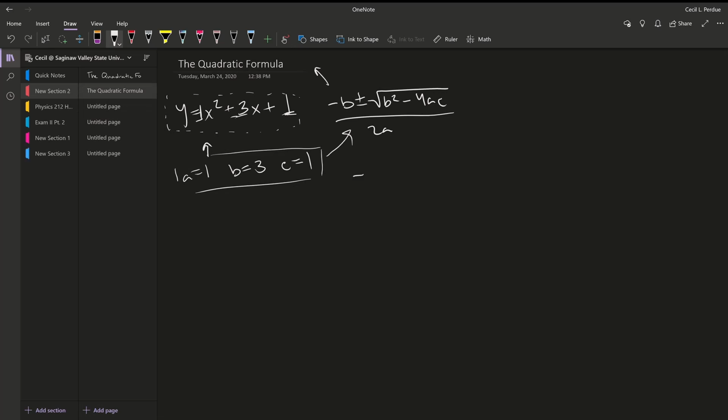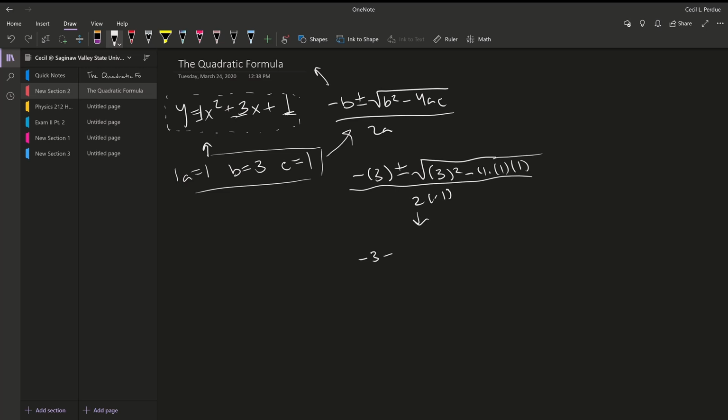So negative b, so we're going to plug in negative 3, and then plus or minus the square root of b squared, so the square root of 3 squared, minus 4 times a, which is 1, and c, which is also 1. And then we're going to divide all of that by 2a, so divide that by 2 times 1.